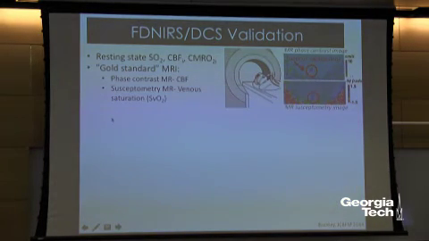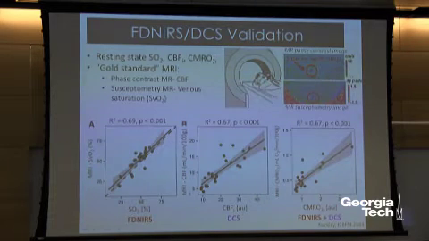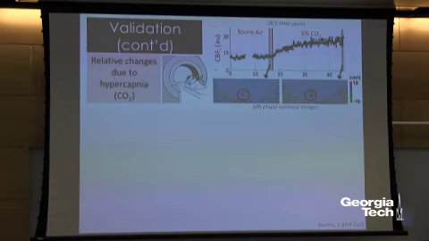So again, we were kind of looking at macrovascular flow versus our microvascular level, but we were expecting them to be roughly correlated. And that's exactly what we saw, looking at oxygen saturation for NIRS compared to MRI, beautiful correlation. DCS versus MRI, also very nicely correlated, as well as CMRO2.